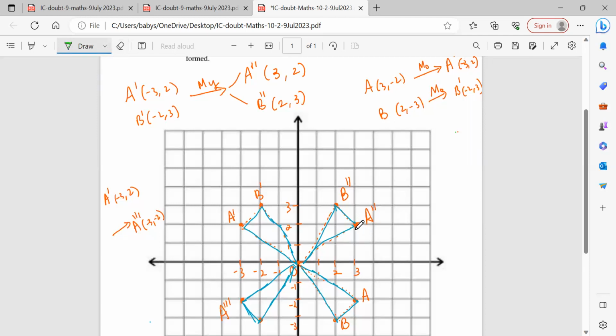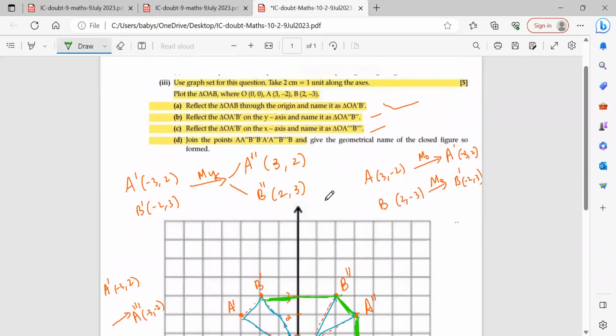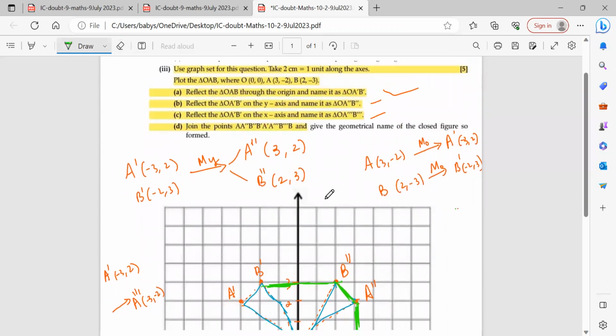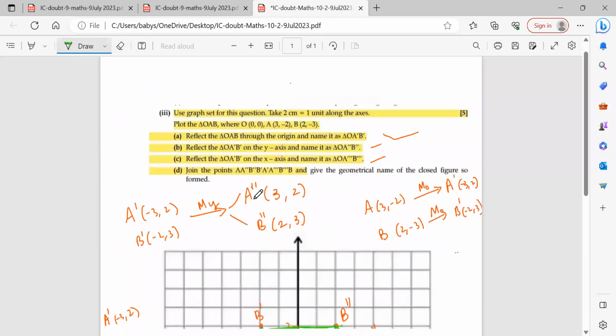So A double dash. See, I've joined A and A double dash. Then A double dash, B double dash, B double dash, B. In that order itself, you have to join. Please note, otherwise you will not get what you want. B double dash, B dash, then A dash. From A dash, where are we going? A triple dash.